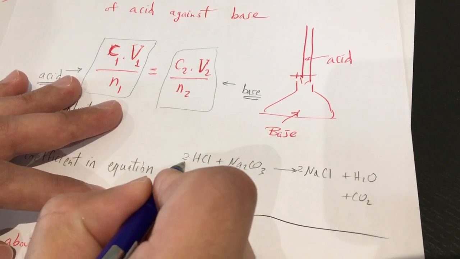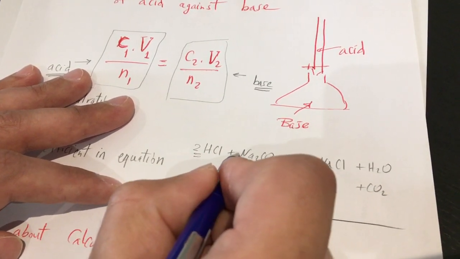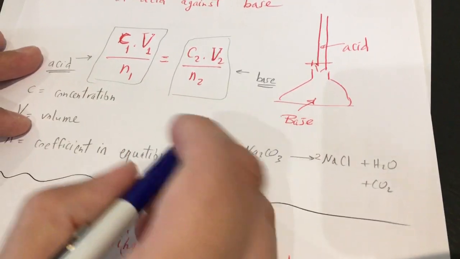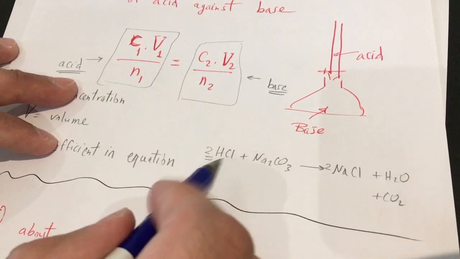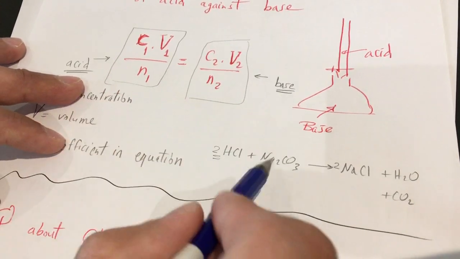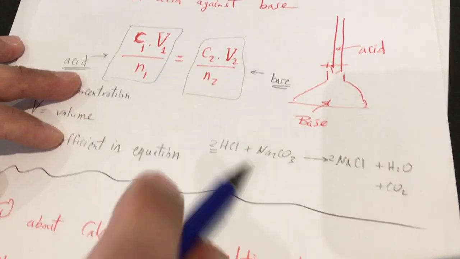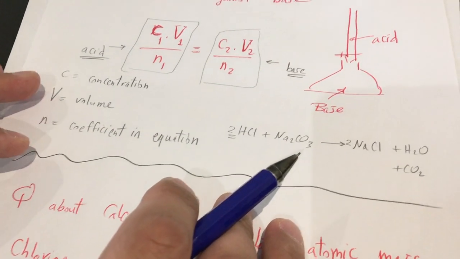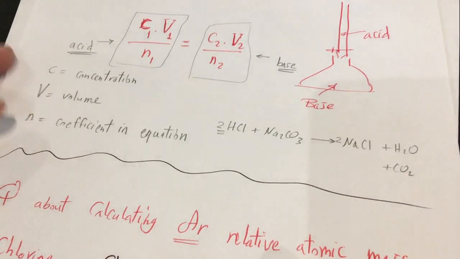So now the coefficient, you have 2 with the acid and just 1 with the base. You put the coefficient in the equation: for the acid, the coefficient number is 2, and for the base, the coefficient number is 1. So using this law, we can calculate concentration or volume in titration.